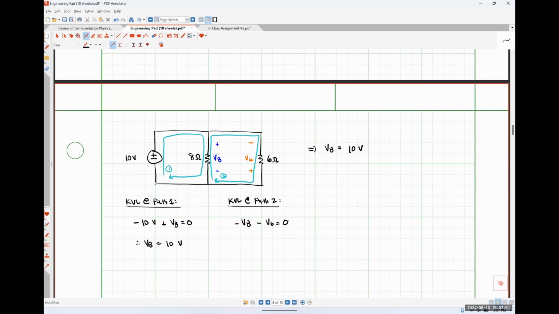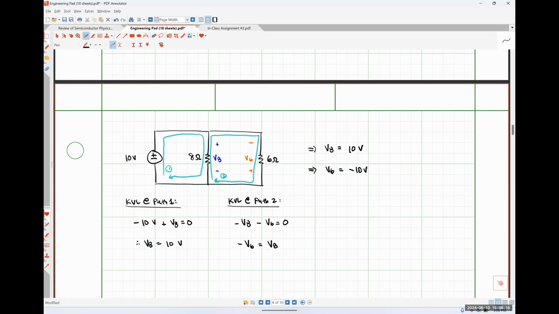And therefore, negative V6 is equal to positive V8. So that tells us what V6 is. So what's V6 going to have to be? Negative 10. Negative 10 volts, okay?